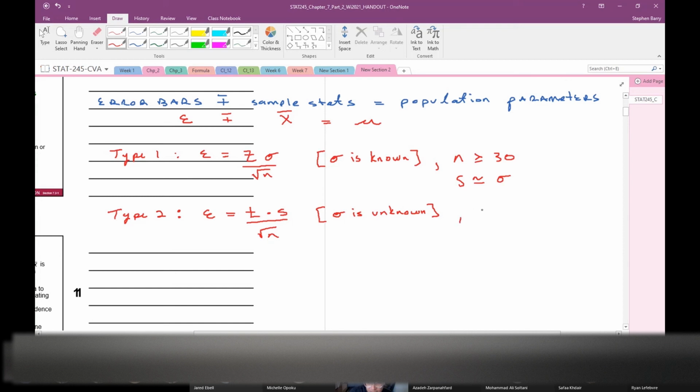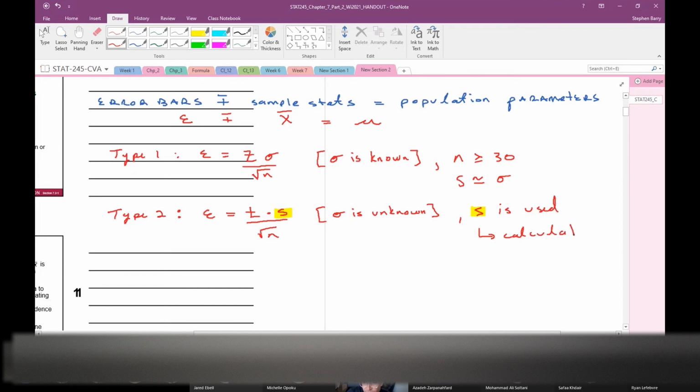But again, your sample size is less than 30. The important thing is that this is known, and you can always calculate this, right? You can calculate this value when you're conducting an experiment. This can be calculated from the raw data.